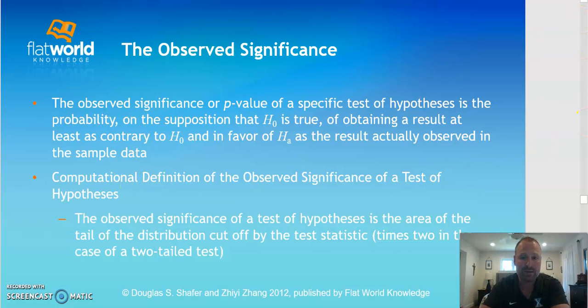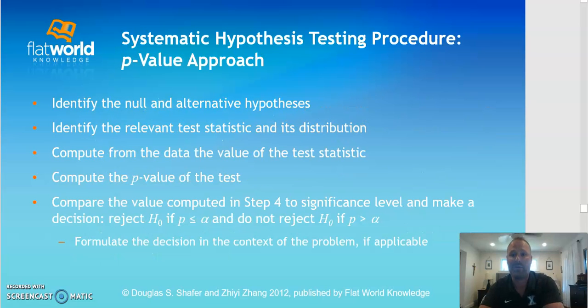So the systematic hypothesis testing procedure of the p-value is as follows. We have 5 steps here. First, identify the null and alternative hypotheses. Second, identify the relevant test statistic and its distribution. Third, compute from the data the value of the test statistic.